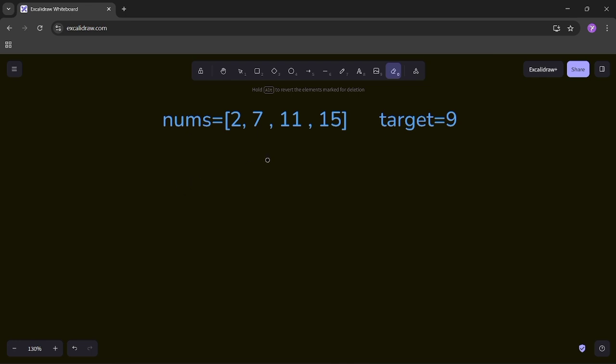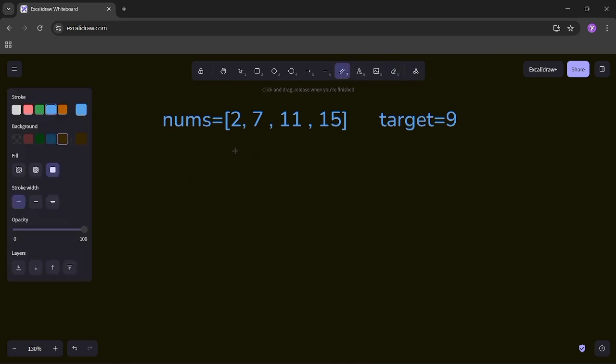So what we're going to do here, we're going to take a pointer, that is i, because we are going to iterate over this nums, and also we are going to take a dictionary. There I'm going to store key value pairs of this nums. The numbers present in my nums are going to be my key, and their indices are going to be my value.